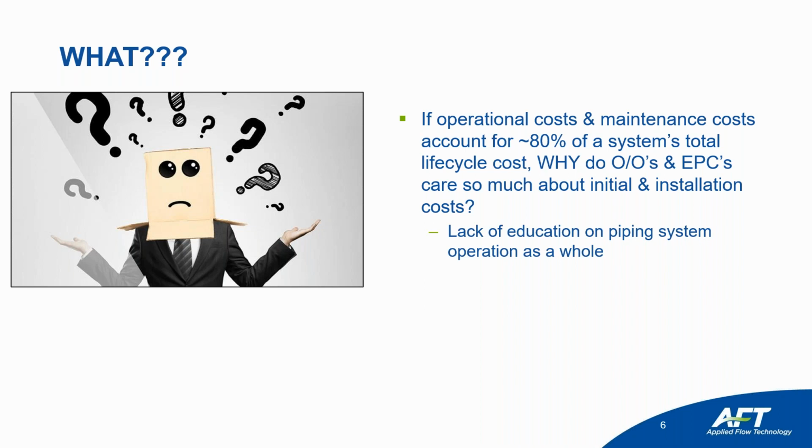One case is simply a lack of education on piping system operation itself. Flow analysis is still a relatively new thing in the whole history of engineering, and so there are a lot of useful tools now that can help engineers get a much better look at what's going on inside the entire system.